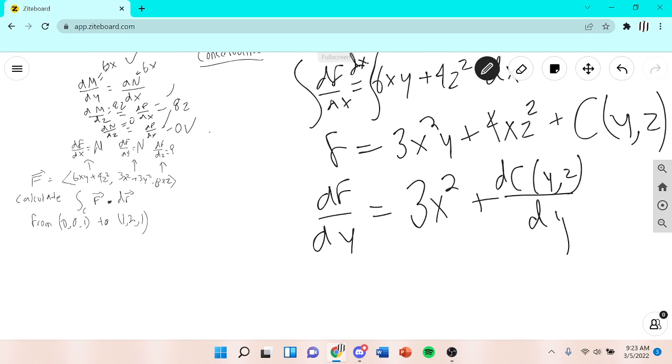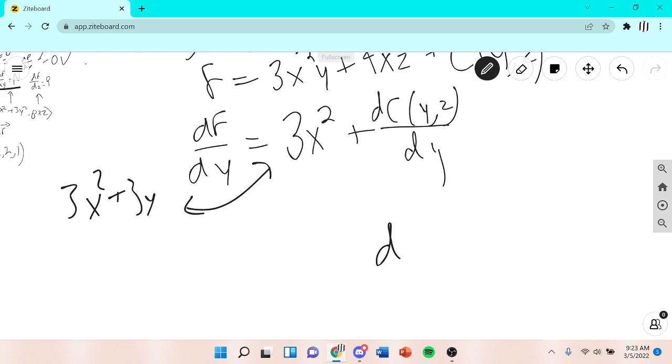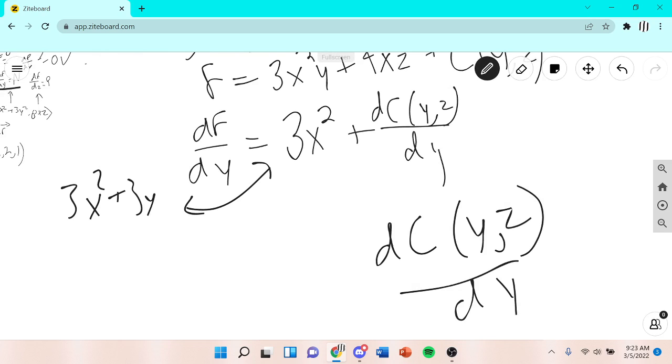So we have our df over dy here equal to 3x squared plus the derivative of c with respect to y. These two should be equal considering they're the same thing, so that's saying that the derivative of c with respect to y is equal to 3y squared.